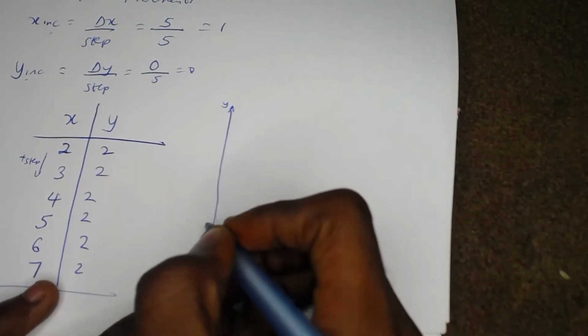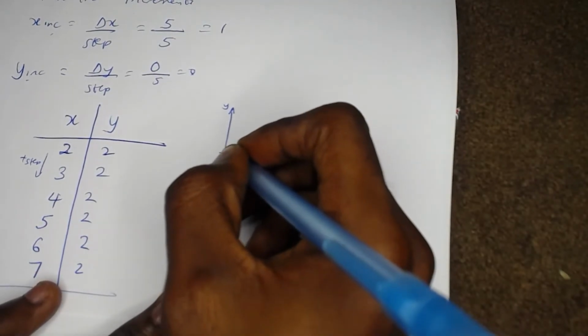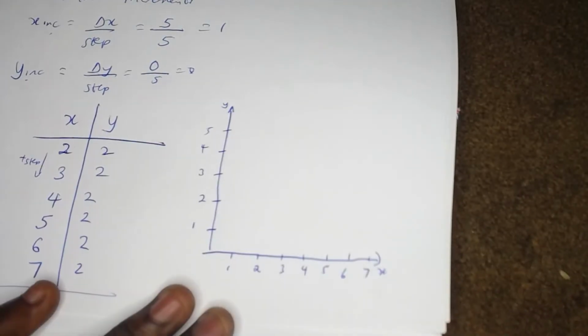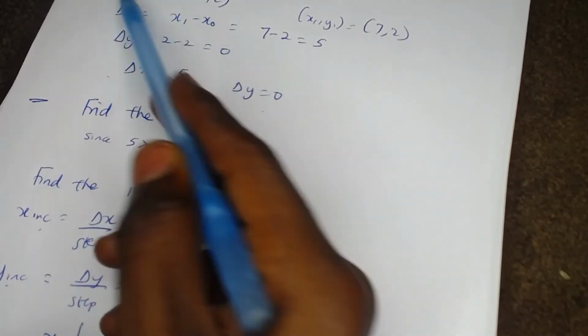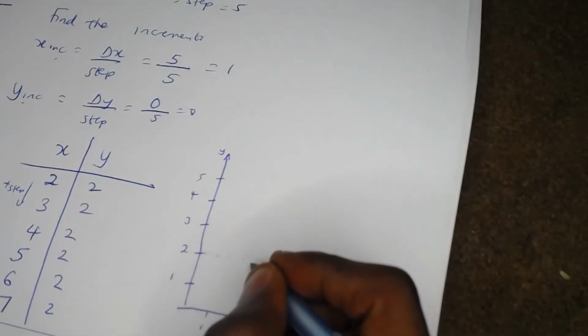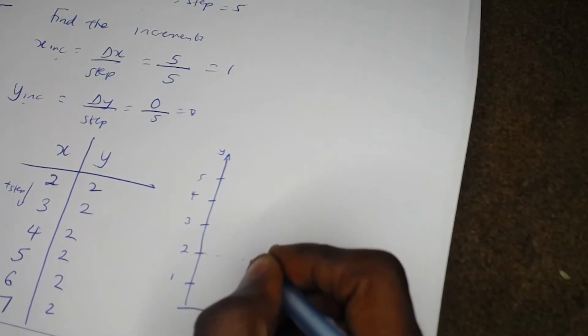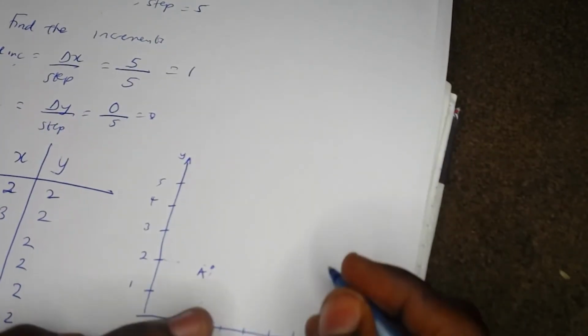Then for the y-axis, we have 1, 2, 3, 4, 5. Let's stop there. The first coordinate we have is (2, 2) for point A. So 2, 2, this is point A. Now the final point is (7, 2).